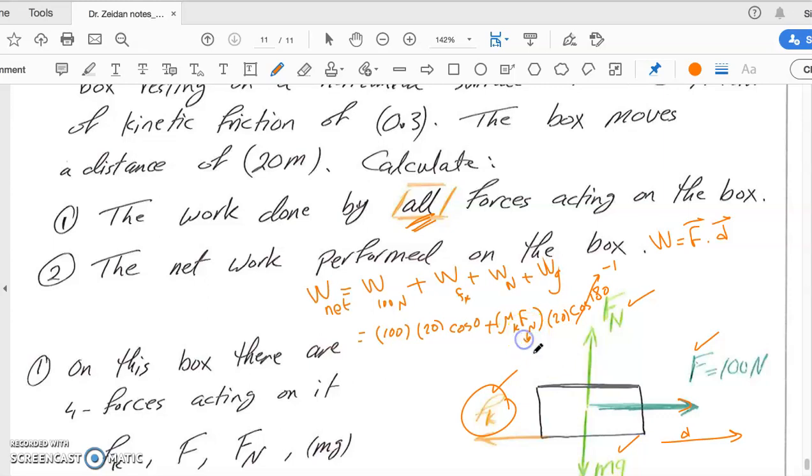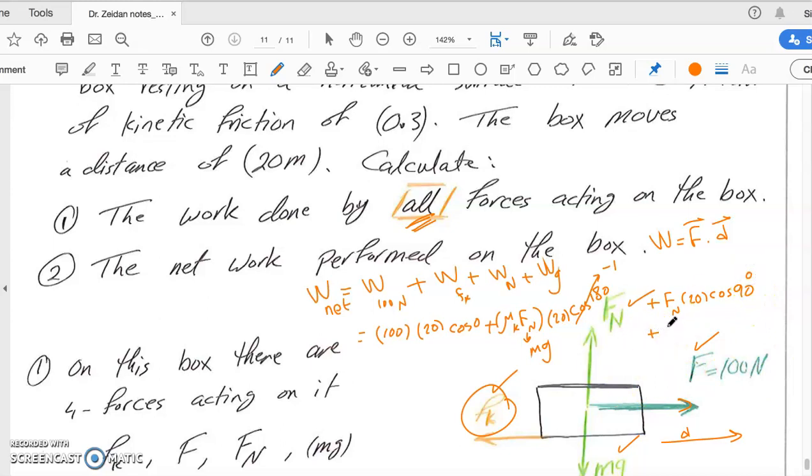And what is Fn? It is mg. Plus the work due to the normal force, which is the normal force times 20 times cosine of 90, because the normal force is perpendicular to D, so it's 90.